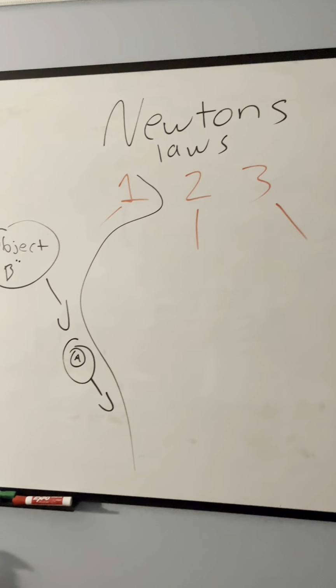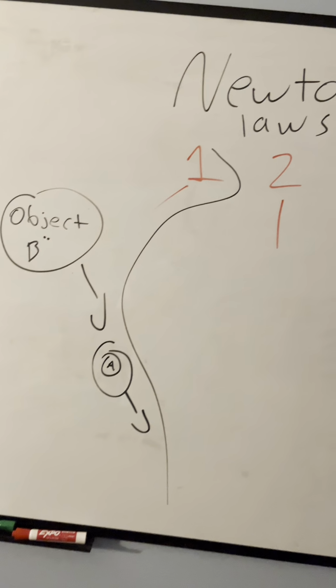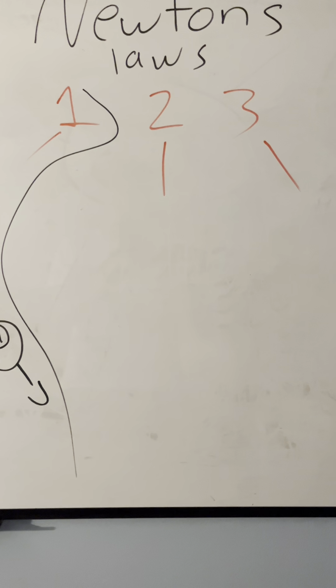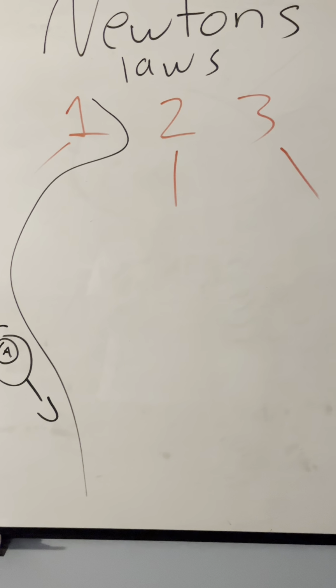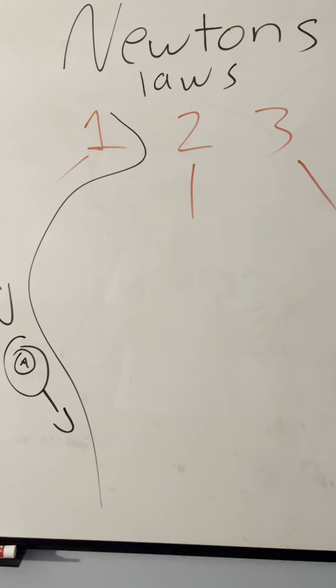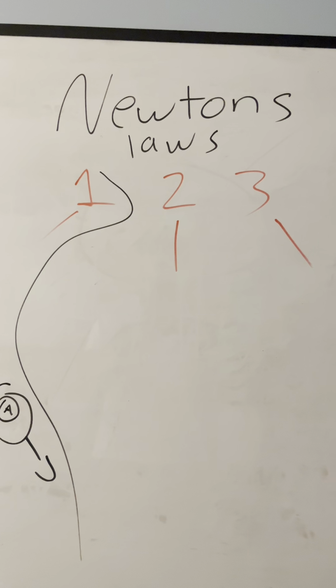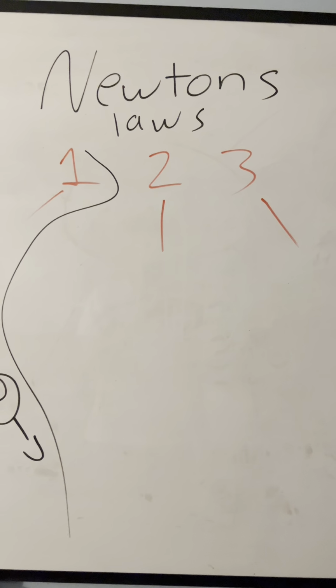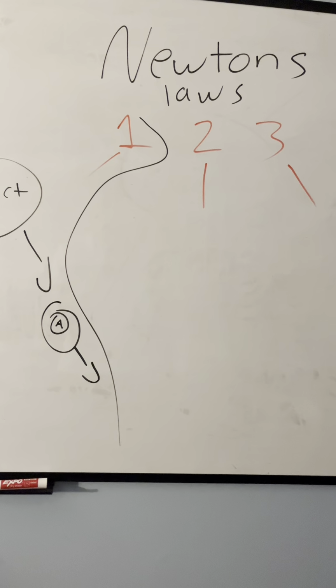Newton's second law is all about the degree of force you put upon another object and how that force influences the acceleration of the object. But it's not the force alone that influences the acceleration, but also the mass of the object itself.